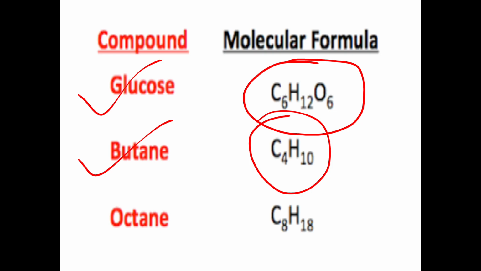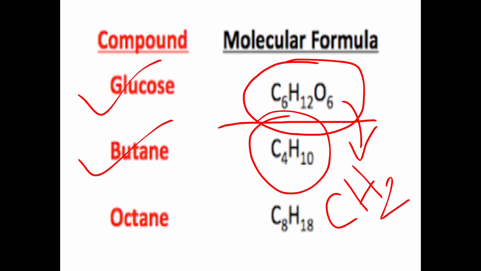And you see here we can divide these subscript numbers 6, 12 and 6 by 2, and here after dividing the subscript numbers by 2, we can write it like CH2O, that is called the empirical formula of that substance.